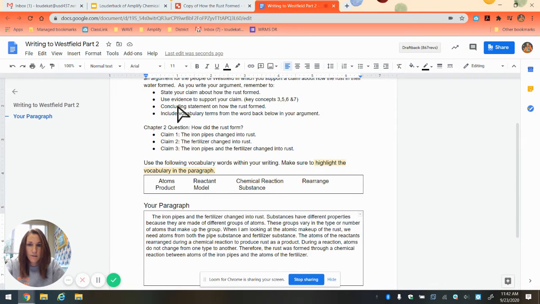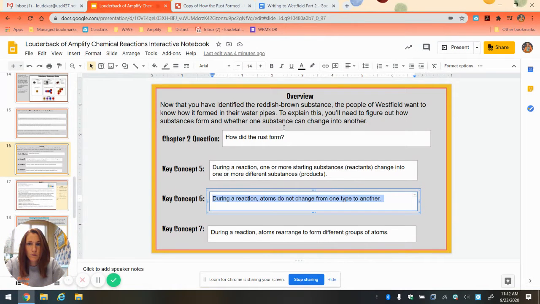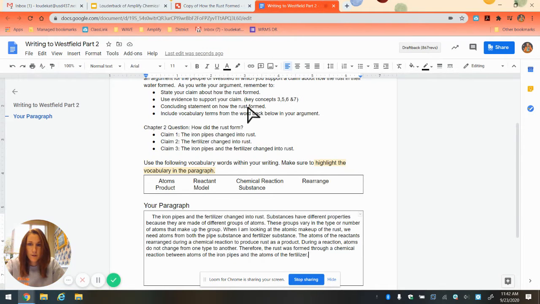That's the first one I've done. The evidence, which I pulled from my modeling tool here, and I pulled from my Google notebook. All right, that's the key concepts. And I made sure to include all the key concepts within it, so that I'm good there. Concluding statement, I decided last minute to do a new one, and I love it, so I'm going to keep that.